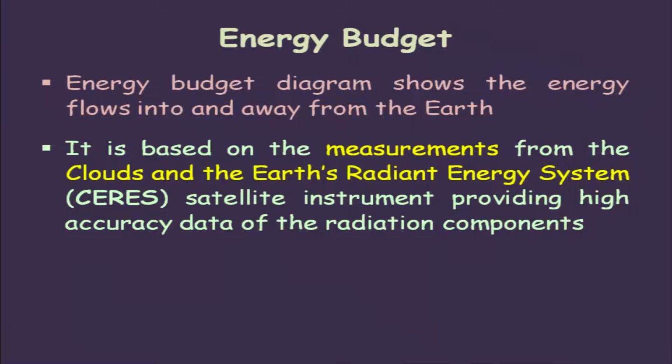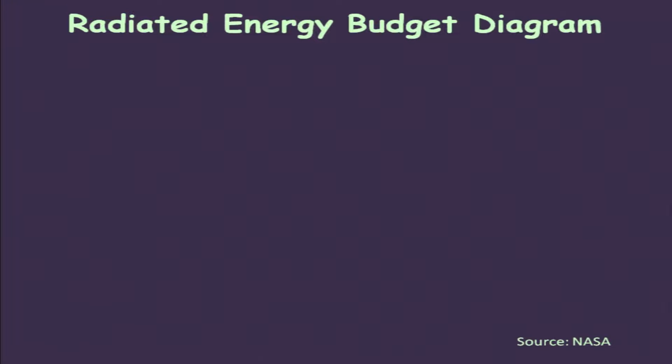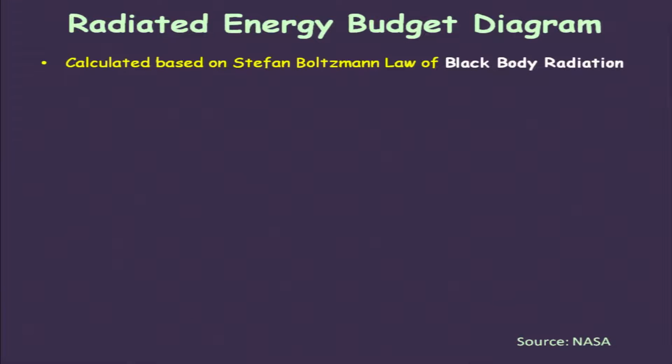This has been measured through a satellite instrument providing high accuracy of the radiating components. The total amount of incoming radiation is 340 watt per meter square. In the radiation energy budget diagram, the calculation has been done based on the Stefan-Boltzmann law of black body radiation.